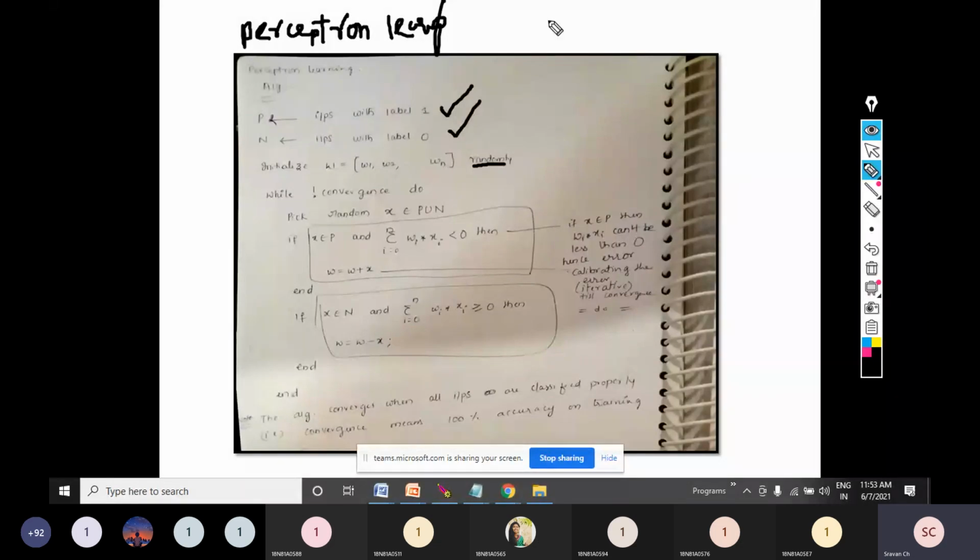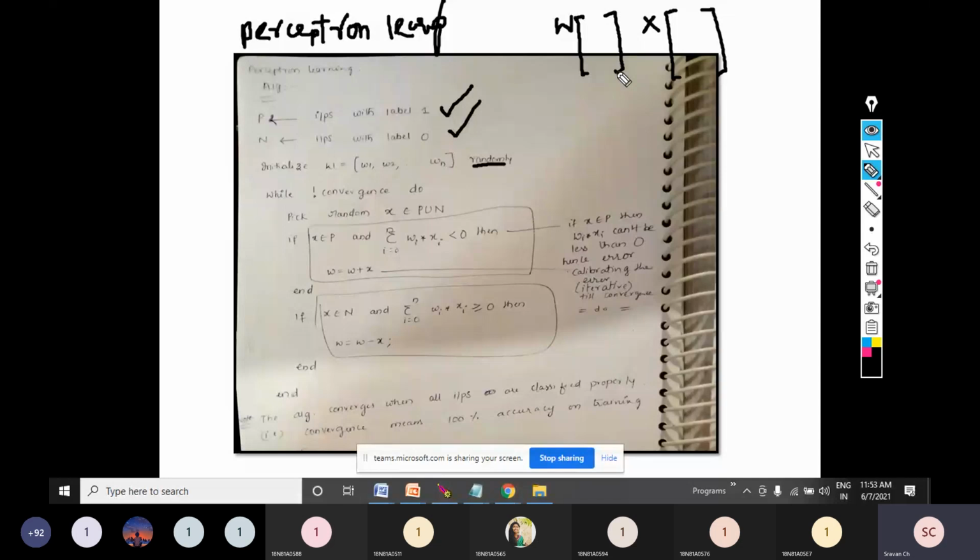Here we have two vectors. One is called W, another one is called X. I have told you what is scalar, what is vector, what is matrix, what is tensor. A vector is nothing but an array of numbers.